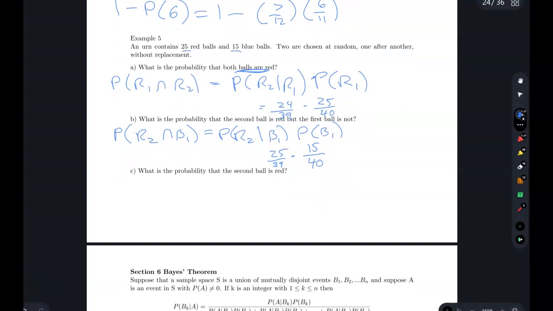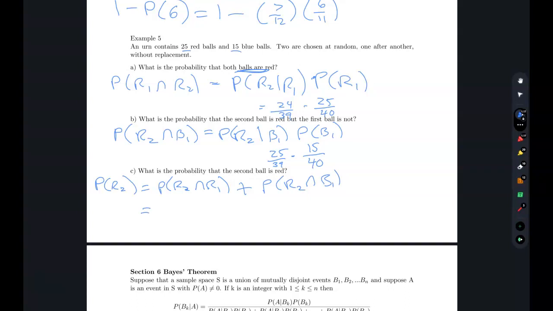So what is the probability that the second ball is red? I have different choices, right? R2, so that's going to be the probability of R2 and R1, when they're both red, or the probability of R2 and blue is the first one. I think we just did this, right?